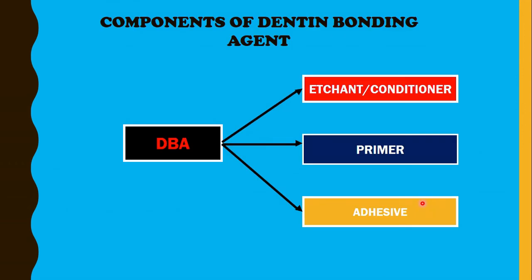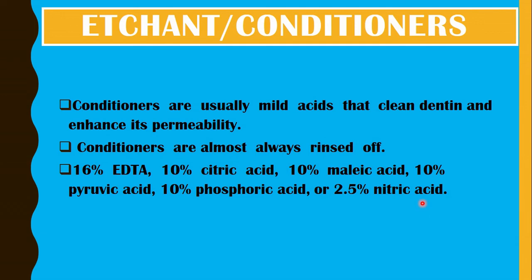Coming on to the components of the dentin bonding agent. The dentin bonding agent comprises an etchant and conditioner, a primer and the adhesive. The conditioners are usually mild acids that clean the dentin and enhance its permeability. The conditioners are almost always rinsed off.